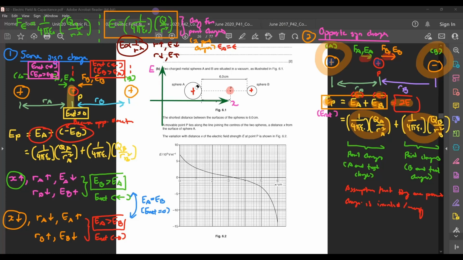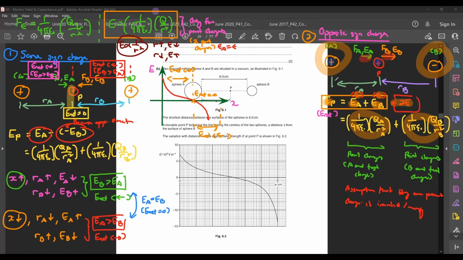Maybe I erase this one so that you don't get confused. Your field strength versus distance will be something that looks like this. Okay, where you see that this part here is where ENet equals to 0. This part here is where ENet is actually towards the right. This part here is where ENet is towards the left.